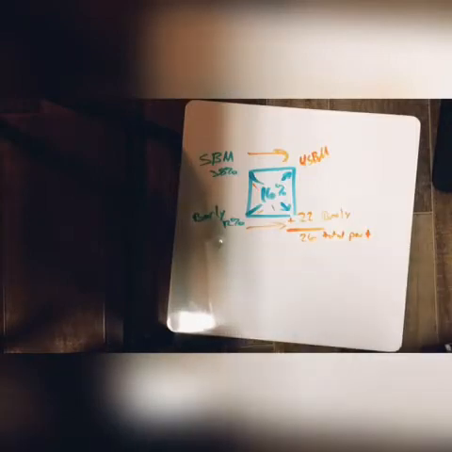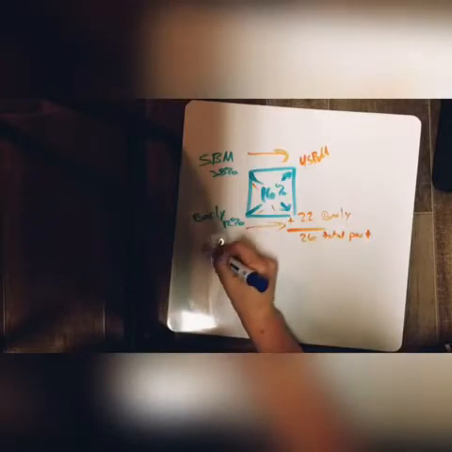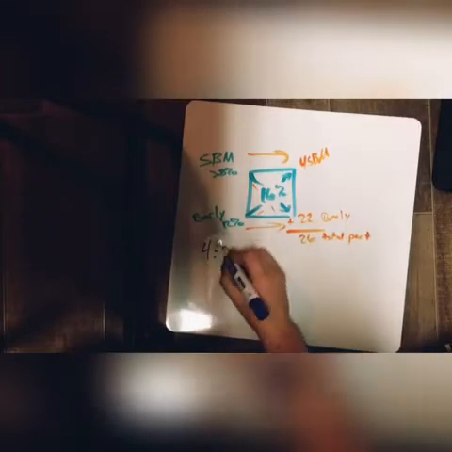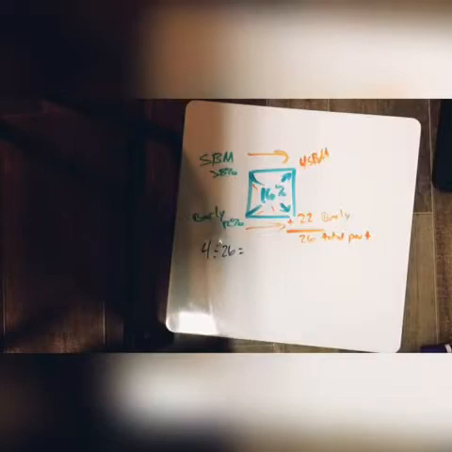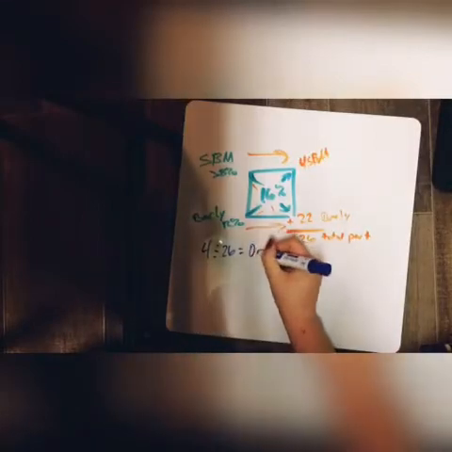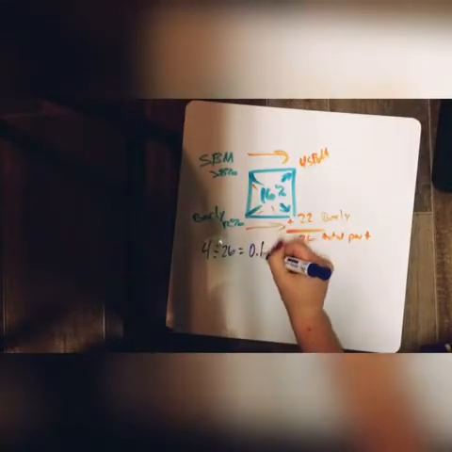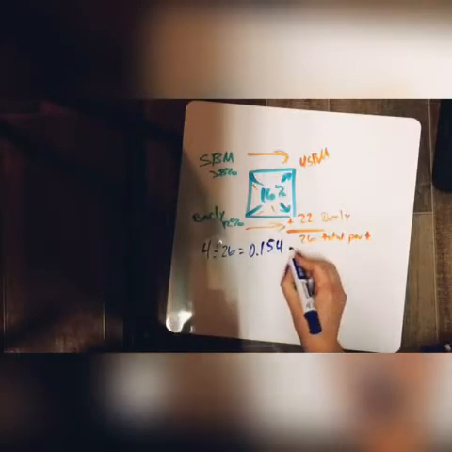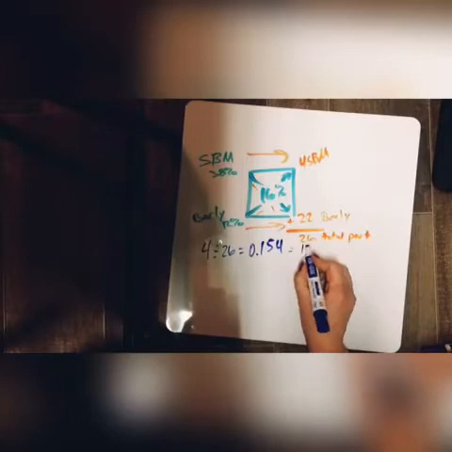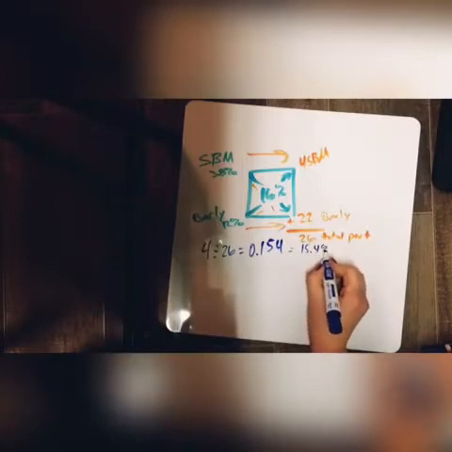So next, we are going to take 4 and divide it by the total parts. So 4 divided by 26, and that will give us 0.15, and then we're going to round up to 4. And that equals 15.4%.